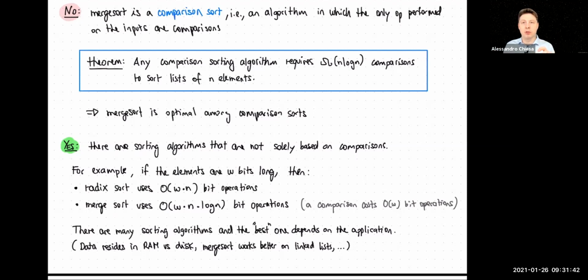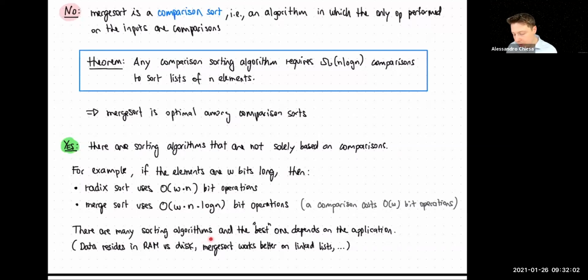If they're both 1 or both 0, you have to move to the next one. You may have to scan the entire integer to decide which one is bigger. So compared to radix sort, merge sort is log n more expensive when you count bit operations.